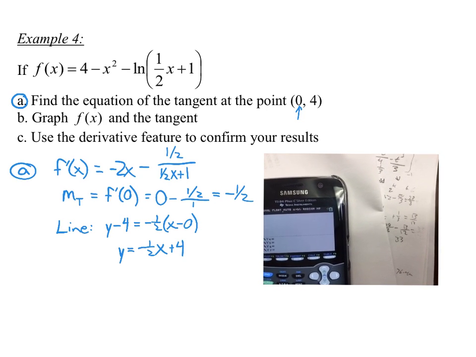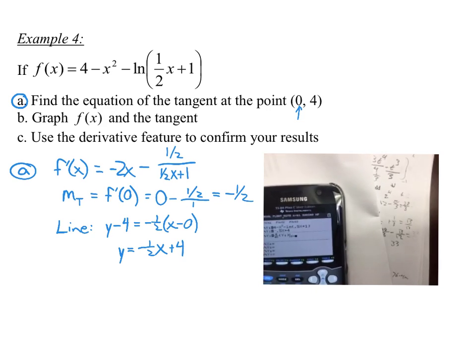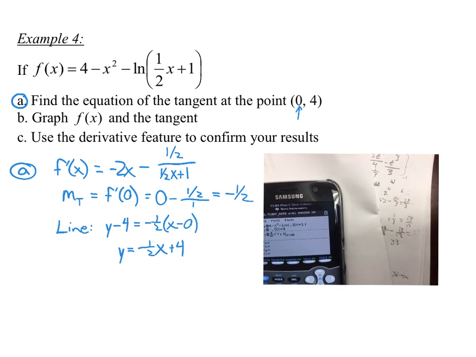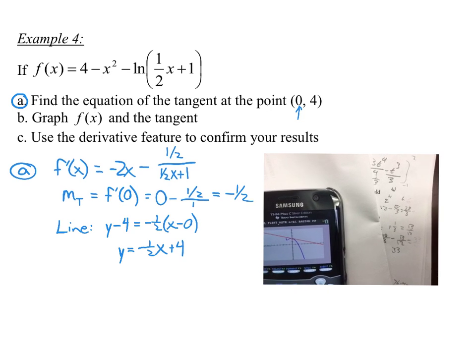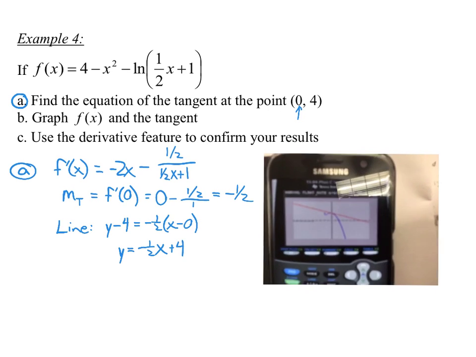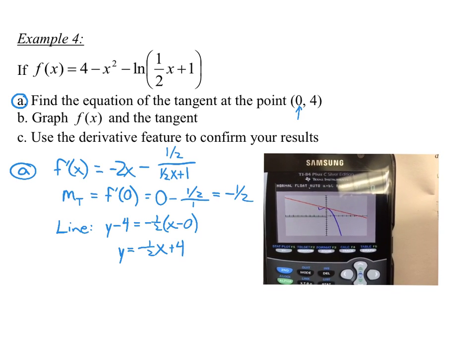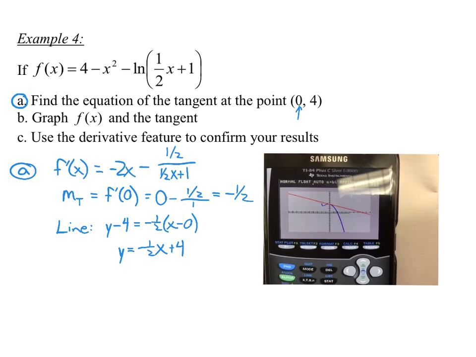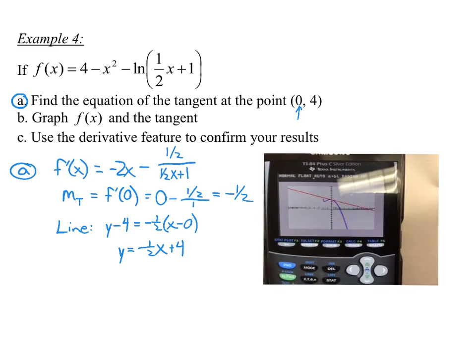I'm going to take the derivative of y1, and I'm going to make x equal 0. And when I graph that, you'll notice it's graphing a horizontal line because that's negative 1/2. If we then traced it, that would give us negative 1/2. Now it's kind of unnecessary to do this whole thing, but you can see it there.